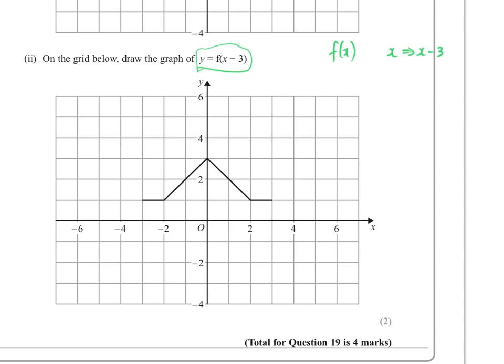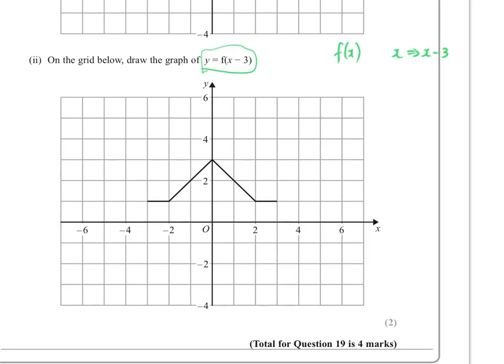So whether you can remember this or not, this means that all the values on the graph move forward 3 units parallel to the x-axis. So 1, 2, 3, there's the first one, 1, 2, 3, and so on. And then all I do is join these points up.